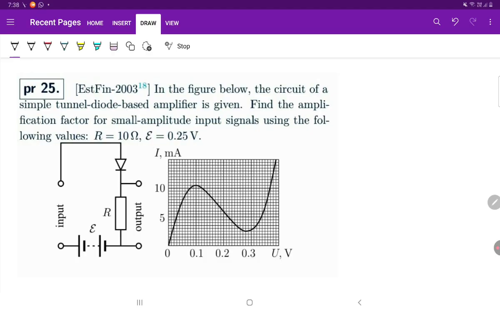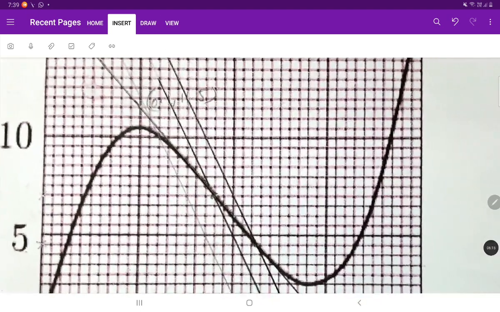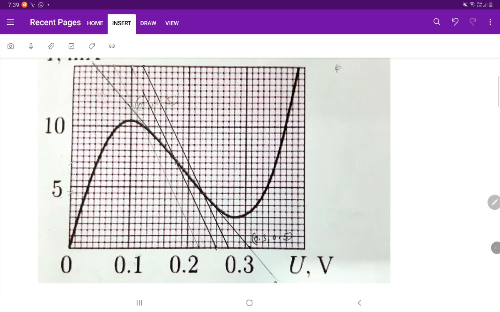So our first target will be to find the point of intersection of E minus IR and V as a function of I. Let me show you my working on a separate page. At first I have tried to find the solution, which will come to be some point here. This point will be my required solution, and then I will be shifting this graph by 2 units rightwards.